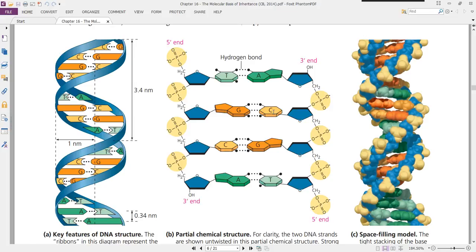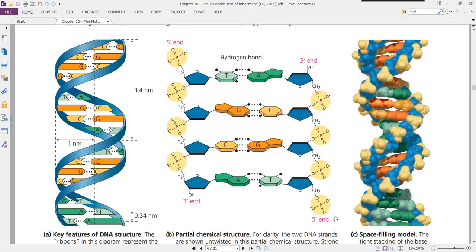What also has implications for DNA replication is the fact that the strands of the DNA molecule are what we call anti-parallel. So that means on one side of the DNA molecule, the nucleotides run in the 5' to 3' direction, and on the other side of the DNA molecule, the nucleotides run in the 3' to 5' direction.